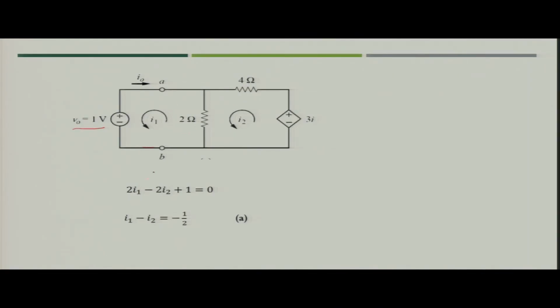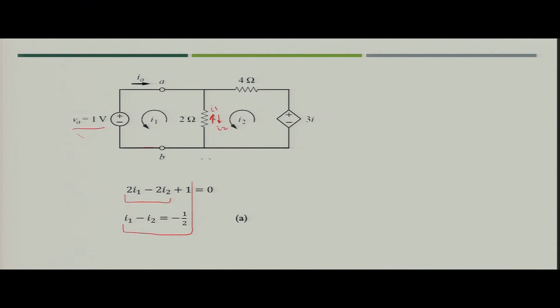In this case, you can write 2 times (I1 minus I2), because I1 and I2 are in different directions here, plus 1, that is the voltage source which we have connected. Since we are going from plus to minus, it will be a plus sign here. If you simplify, this becomes I1 minus I2 equal to minus 1 by 2.